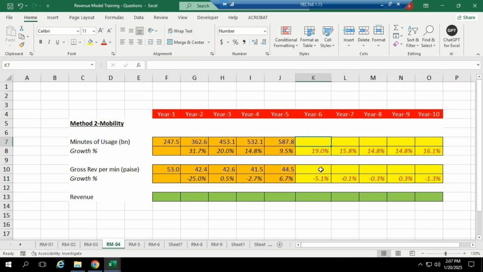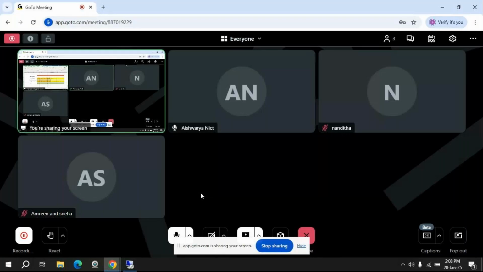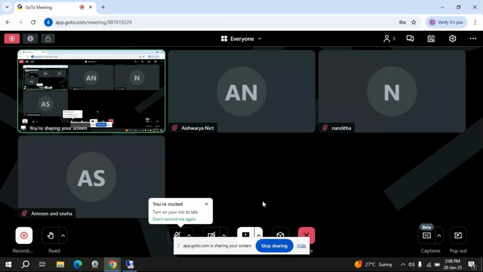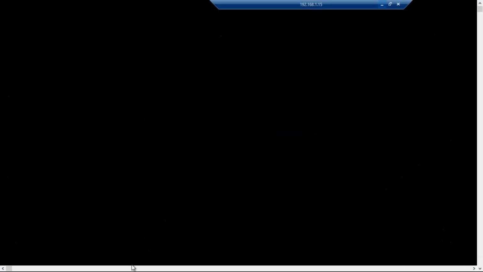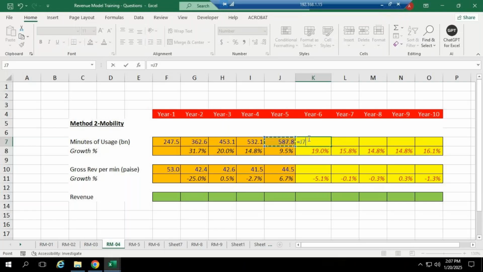So that's why you have to calculate, is equal to this year 5 revenue, okay, year 5 revenue. And then here, 587.8.